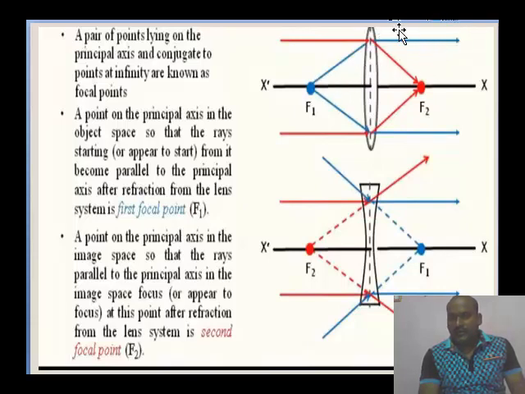So the rays starting from this point are the first focal point.